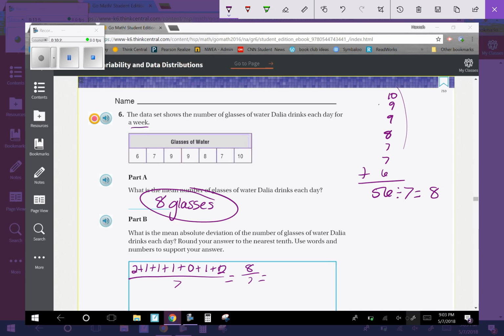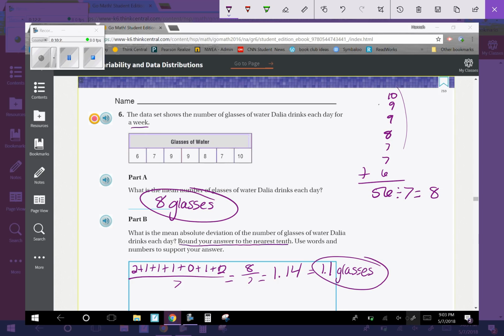Which when you divide that out, it's going to give you the decimal 1.14. But it says to round our answer to the nearest tenth. 1.14 is going to round up, no, down, sorry, 4 rounds down to 1.1. So 1.1 glasses is the mean absolute deviation.